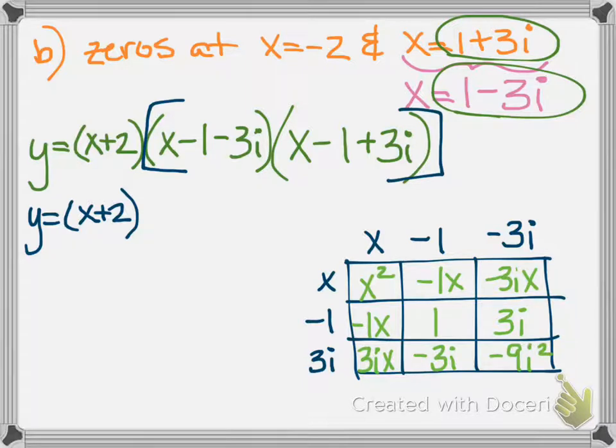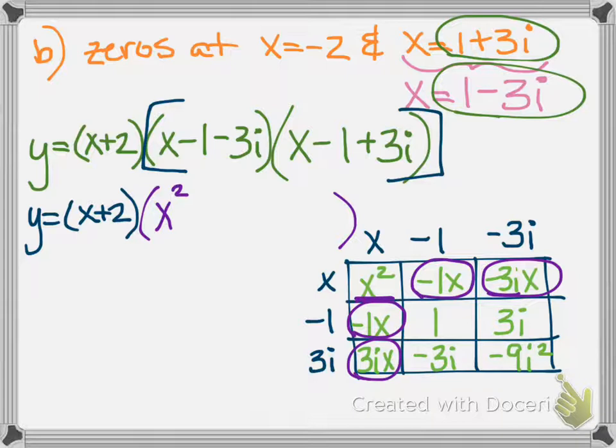So I'm going to go through this area model and pull out and combine like terms. So I have an x squared in the first box. There's no other x squared, so I'm keeping x squared. Negative 1x here. I have a negative 3ix here, a negative 1x here, and a positive 3ix here.